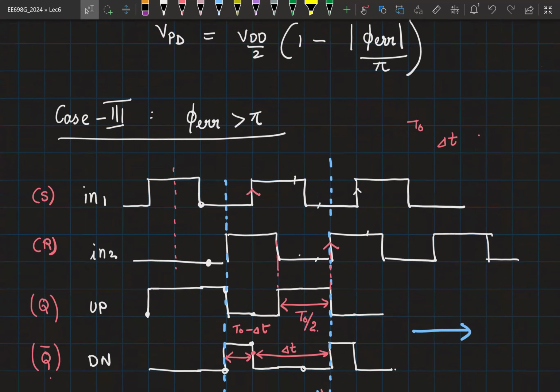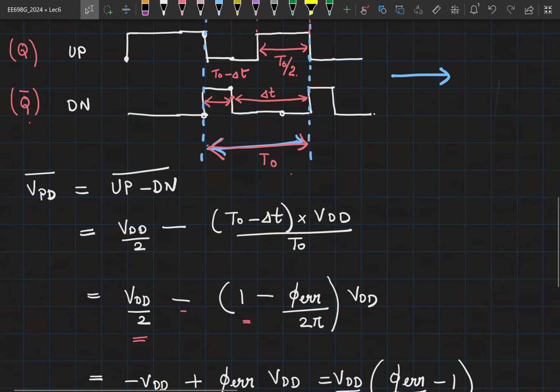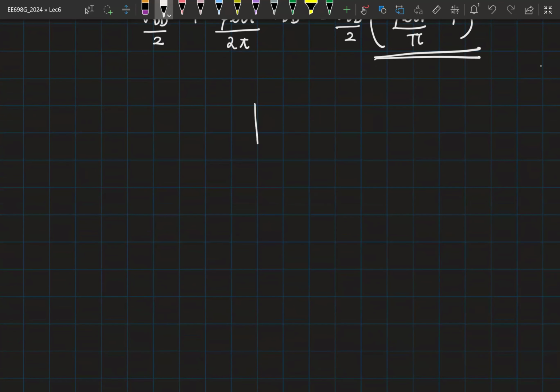Now again, you imagine pulling this input signal to the right. Where do you think is the next point we want to check? 2 pi? Yeah. So you can do this calculation yourself. It turns out this particular equation is valid only from 0 to 2 pi. So now if I sketch this, after 2 pi, it is just a loop.